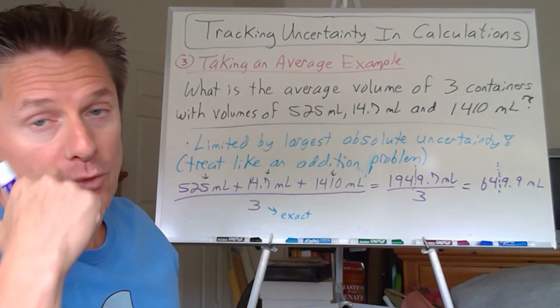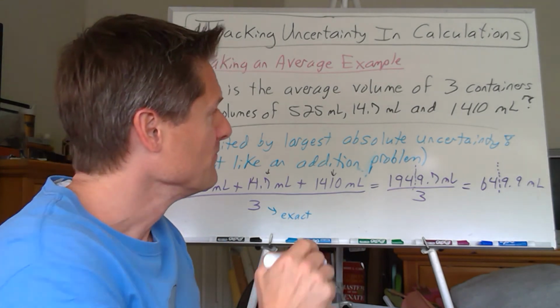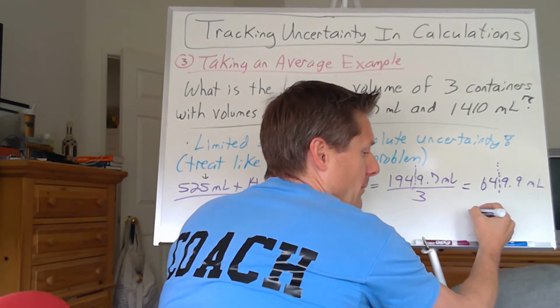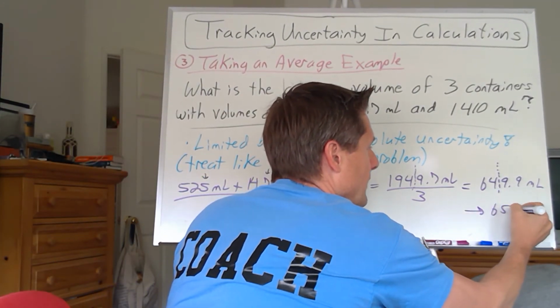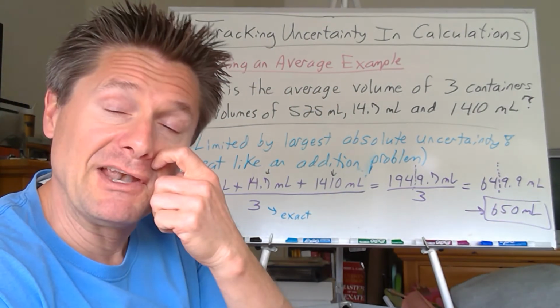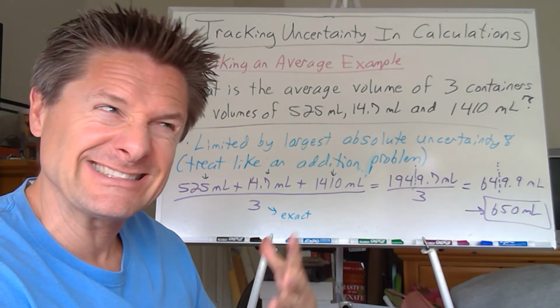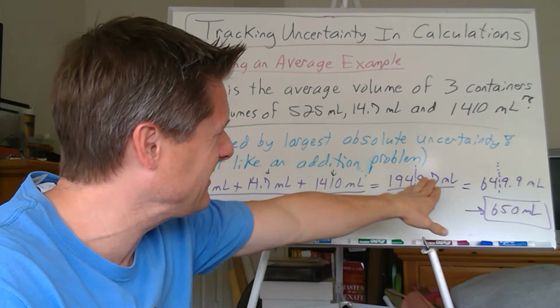So the dash line goes there. It does not go between the nines. It's not 3 significant figures, right? And that rounds up to 650 milliliters. So limited to the tens place, you end up with 2 sig figs. Do you see how that rubs you the wrong way? It's like, I want to go 3 sig figs because I'm dividing.